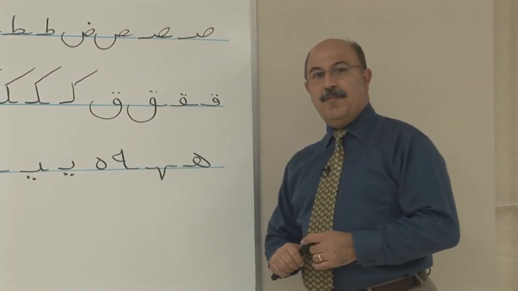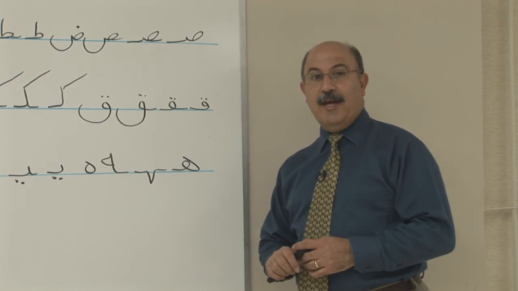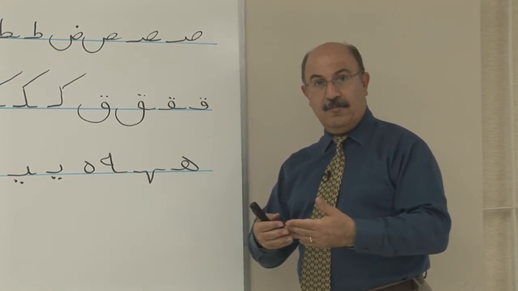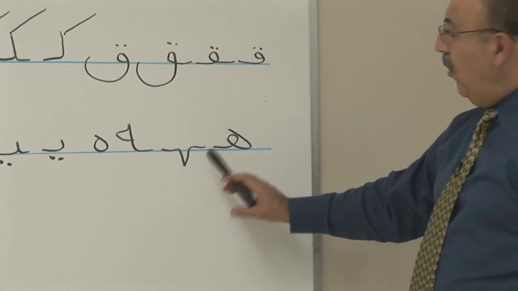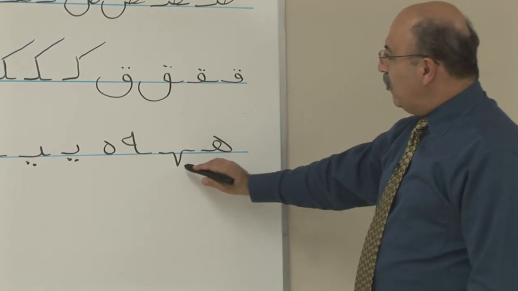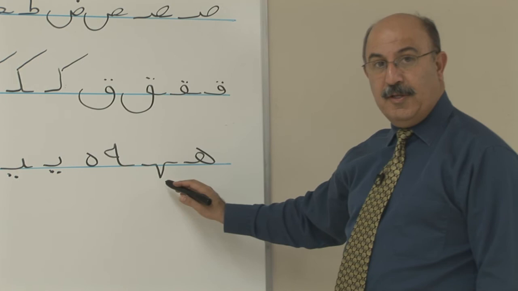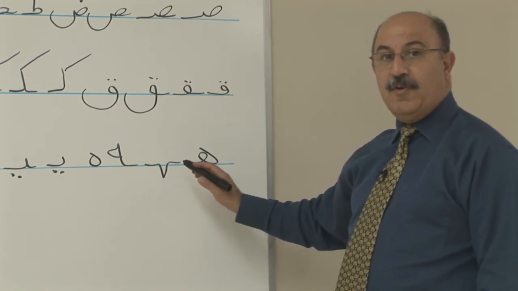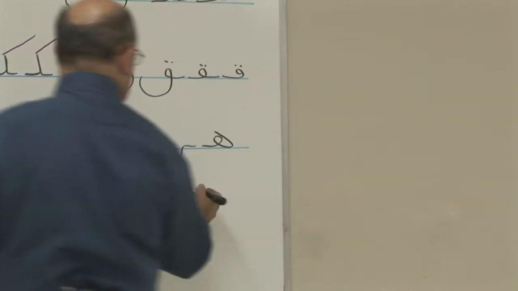Now, let me bring up a point that you will recognize when you are looking at printed material. For example, the middle he, while handwriting, looks like this, and some printed material do print it this way. However, for the most part, it is written something like this.